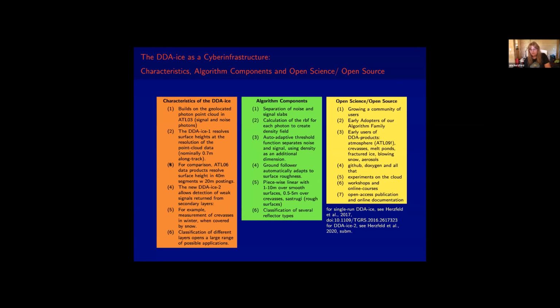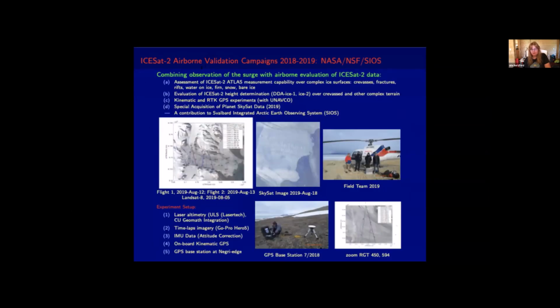Okay. Here's the fun part, namely the field validation campaign. We have in 2017 actually gone out to start to analyze the surge of Negribreen for its own sake, and then combined this in 2018 and 19 with airborne evaluation of the ICESat-2 measurement capabilities, such as can we actually see crevasses, fractures, rifts, water and ice, firn, snow, and the like, along with evaluation of the ATL06 and ATL03 over crevasse terrain.